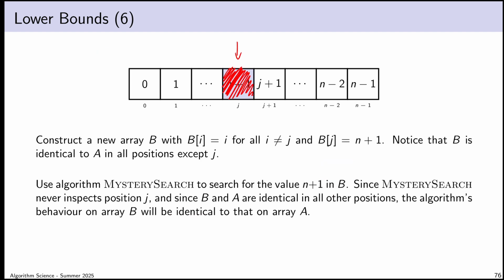Now I've made this new array B, and the array B does, as it turns out, contain the value n plus 1. You can see it there behind the fog. But the algorithm has no way of knowing that, and here's why. The array B is identical to the array A in every place except for this hidden value J. Why do I say it's hidden? Because the algorithm never looked at index J on the array A. And because the algorithm never looked at index J, it has no way of knowing that this is not the array A. So the algorithm will behave the same way as it behaved on the array A when I give it my array B. And if it behaves the same way, that means it should return the value -1.